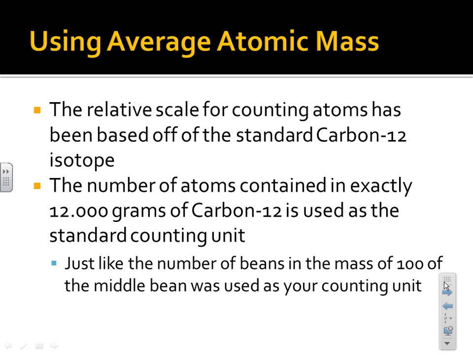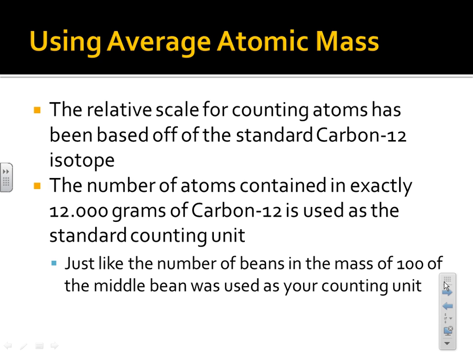Because the atomic mass of carbon-12 is exactly 12, you can take carbon-12 atoms and put them on a scale till it reads exactly 12. And there will be a certain number of atoms on that scale. How many? I'll show you in a second.